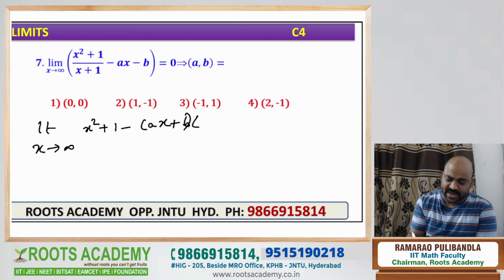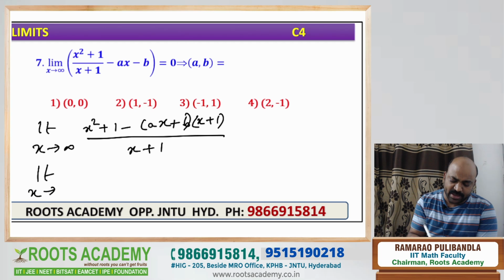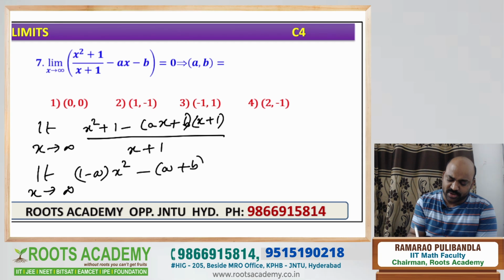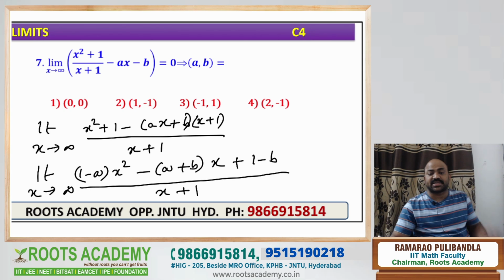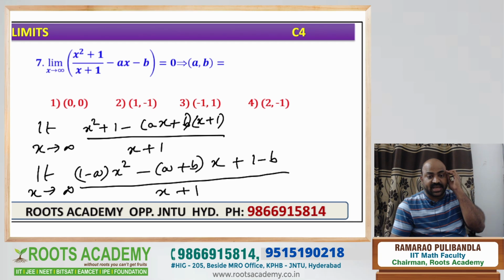So you will get x plus 1 in the denominator. When I simplify this completely, I will get 1 minus a into x square minus a plus b into x plus 1 minus b, by x plus 1. This is the thing I am getting here.